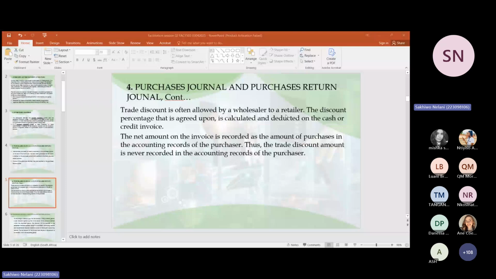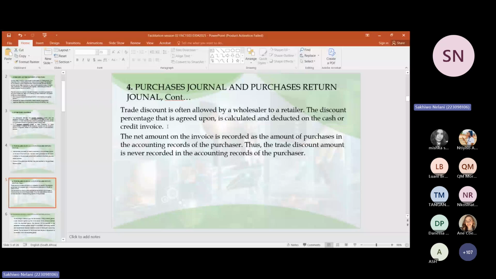They make sure there's a discount enjoyed when you buy on a bulk basis. But critical for this, we must know how to make appropriate accountability in the financial records.